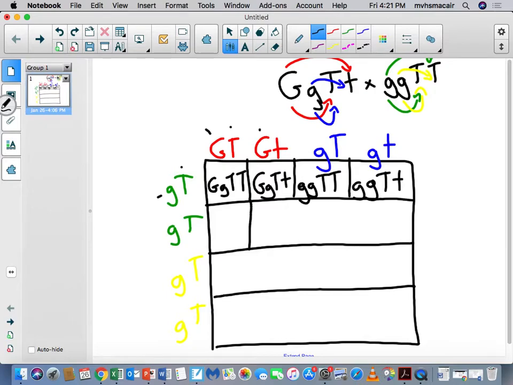Now, you can do the same thing as you go throughout here. Maybe one thing you're noticing, some of you are starting to get more comfortable with this Punnett square deal, is what do we notice about this parent, this column for this parent?